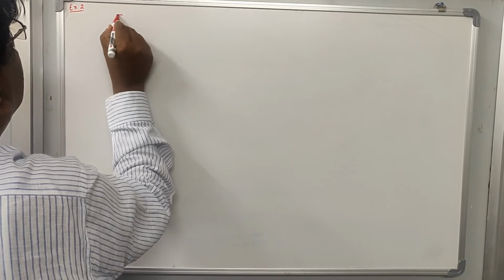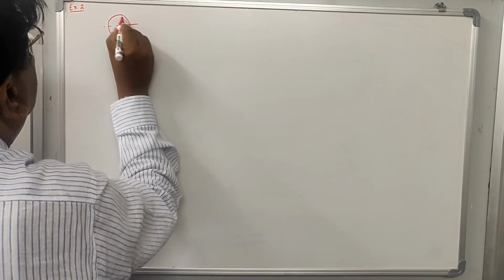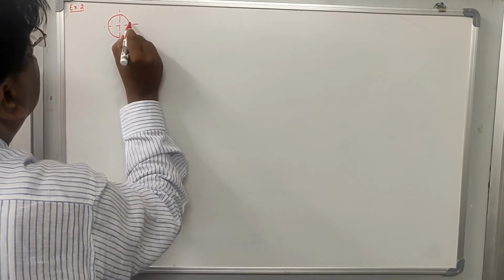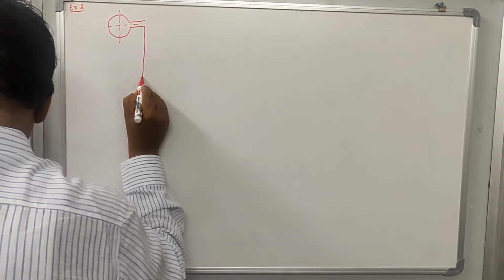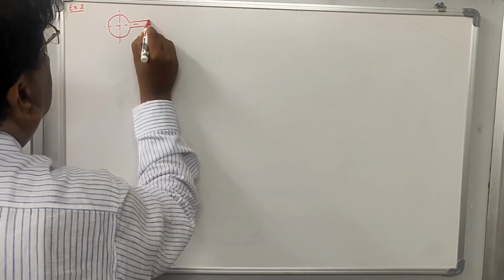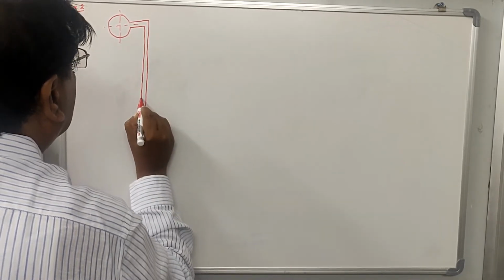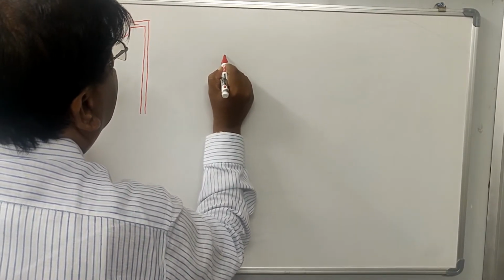Okay, this is pipe A. One end of the manometric tube is connected to this pipe. There is another pipe running at a different elevation.